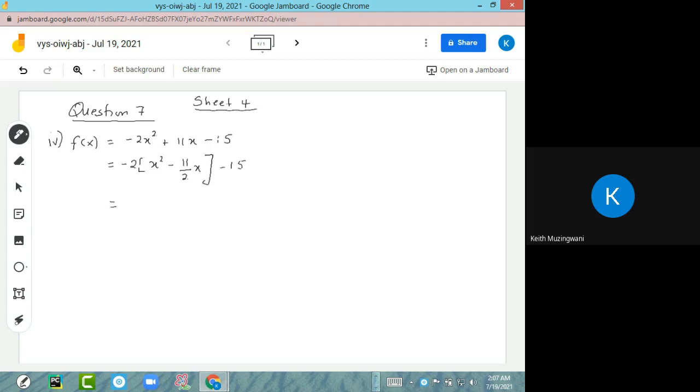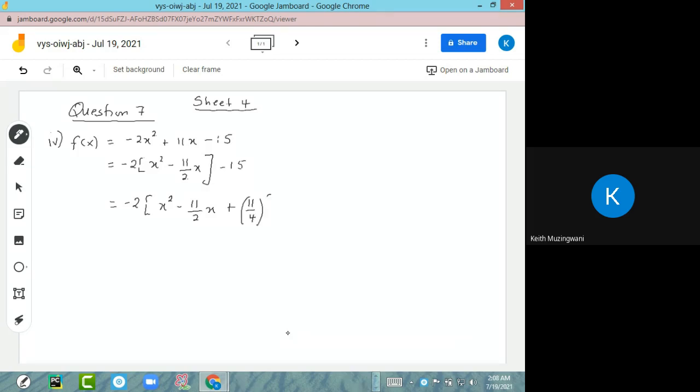This means that we keep negative 2 here, and in the brackets half x squared minus 11 over 2x. Then add the half of 11 over 2, which is the same as multiplying 11 over 2 by half, which will be 11 over 4.